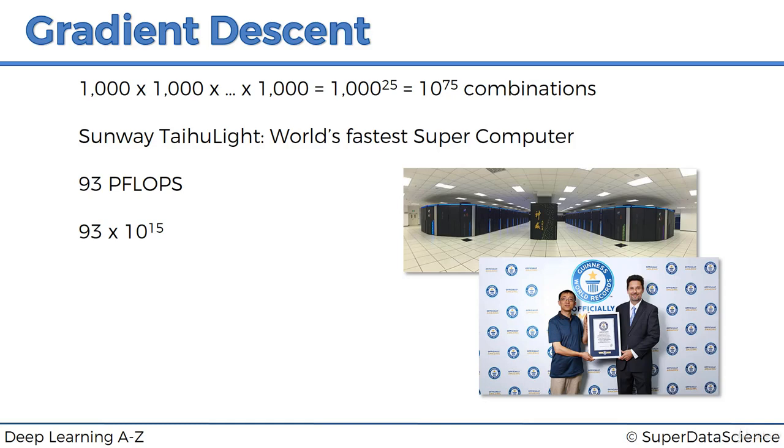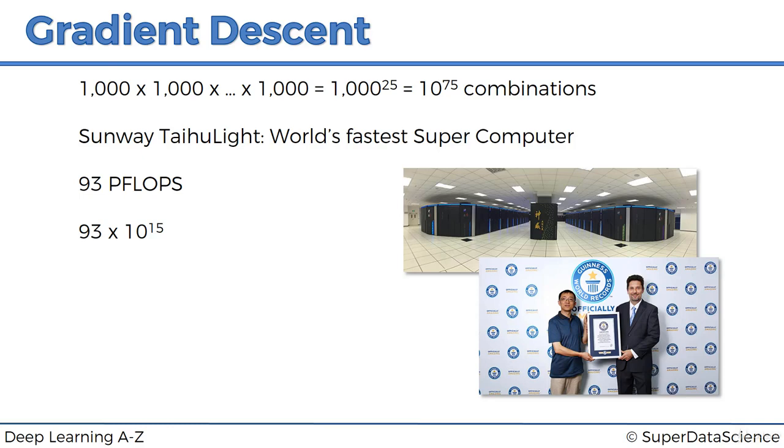Let's say hypothetically that it can test one combination for our neural network in one floating point operation. That is not practical, because you need multiple floating point operations to test out a single weight in your neural network.